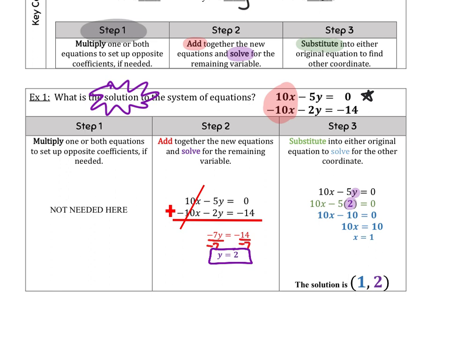And then in the next step, 5 times 2 is 10. So then I have 10x minus 10 equals 0. I'm going to add 10 to both sides, so that those eliminate because they're opposites. I divided by 10 on both sides to get that x is equal to 1.